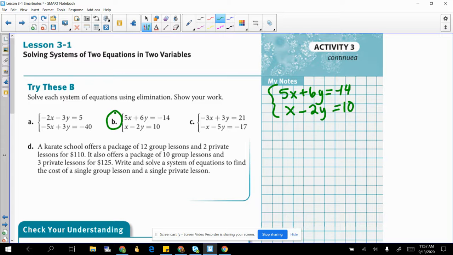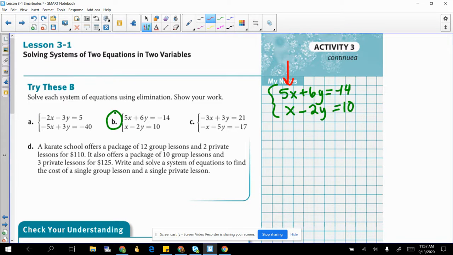And we want to either eliminate the x values or the y values. We could do this either way, but if we wanted to eliminate the x values, what we would have to do is multiply the second equation by negative 5, because that would get rid of the x values, because 5x plus negative 5x would cancel.